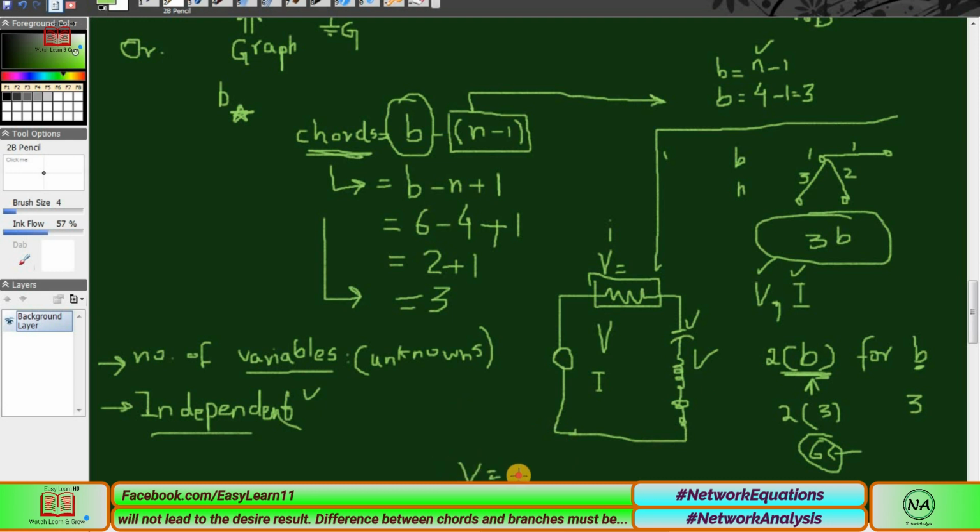V is equal to IR in case of the resistor, V is equal to L di over dt in case of the inductor, and for the capacitor the relationship is different: V is equal to 1 over C integral I dt. These are the different relationships that we derived for the resistive, inductive and capacitive networks.